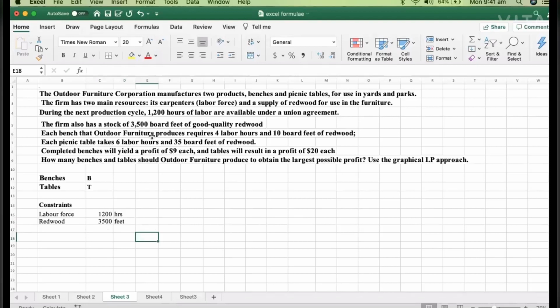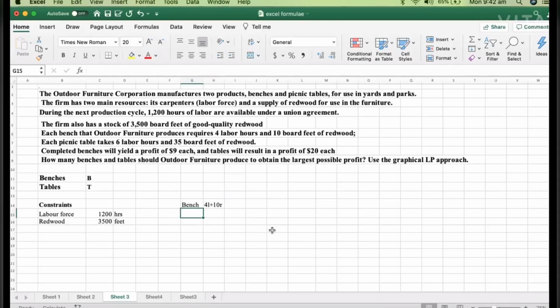Each bench that outdoor furniture produces requires 4 labor hours and 10 board feet of redwood. It means if you want to produce a bench, you will require 4 labor hours plus 10 board feet of redwood. I can call labor hours L and redwood R. The same thing is that each picnic table takes 6 labor hours and 35 board feet of redwood.